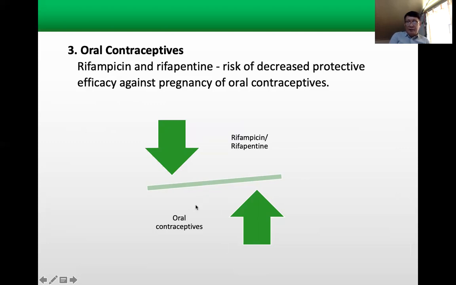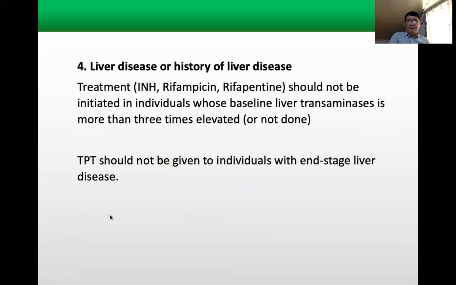They might get pregnant because rifampicin and rifapentine have an effect on oral contraceptives. It reduces their efficacy.